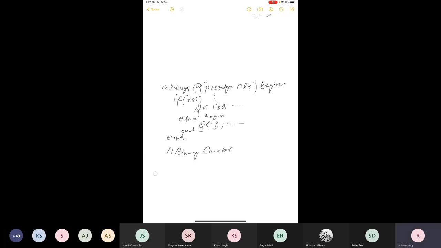So in those types of simple counters, say you have a 6-bit counter, you can have a range 5 to 0 count, and that is also your output. You can have an input reset and a clock. Then you can write always @(posedge clock).